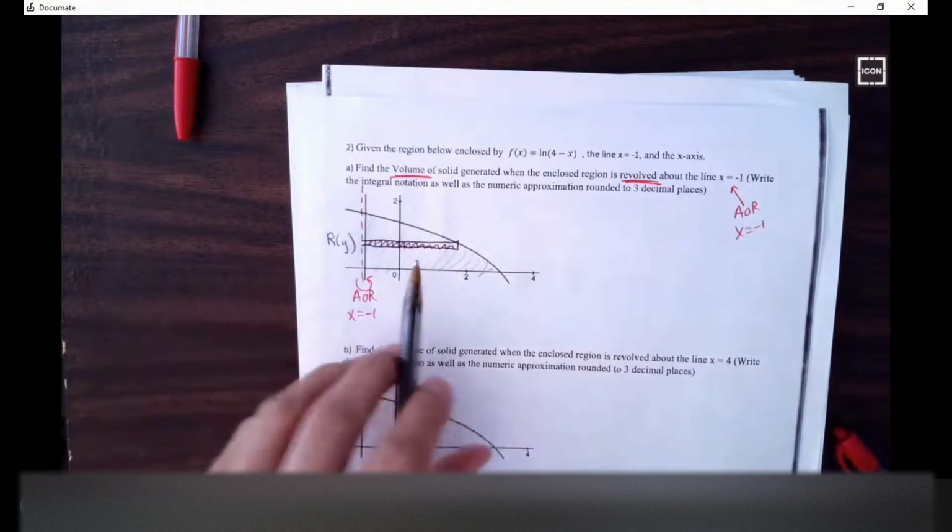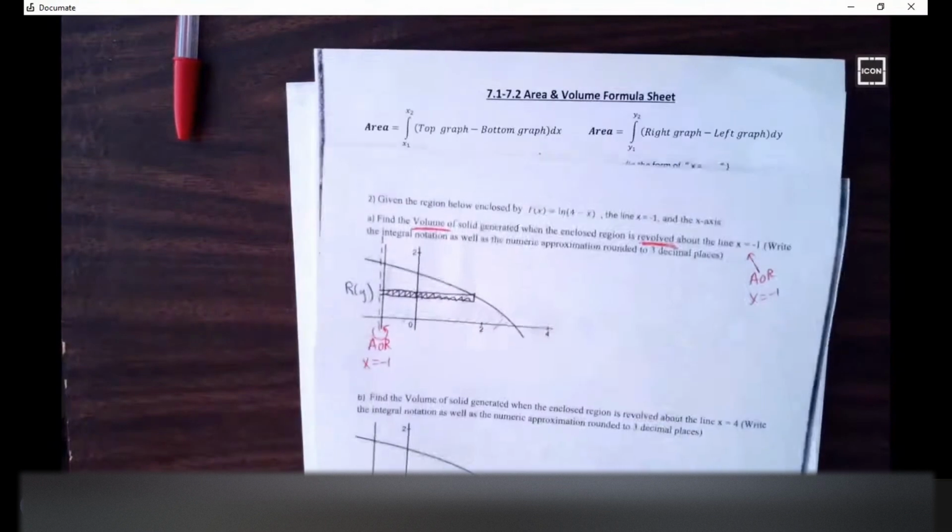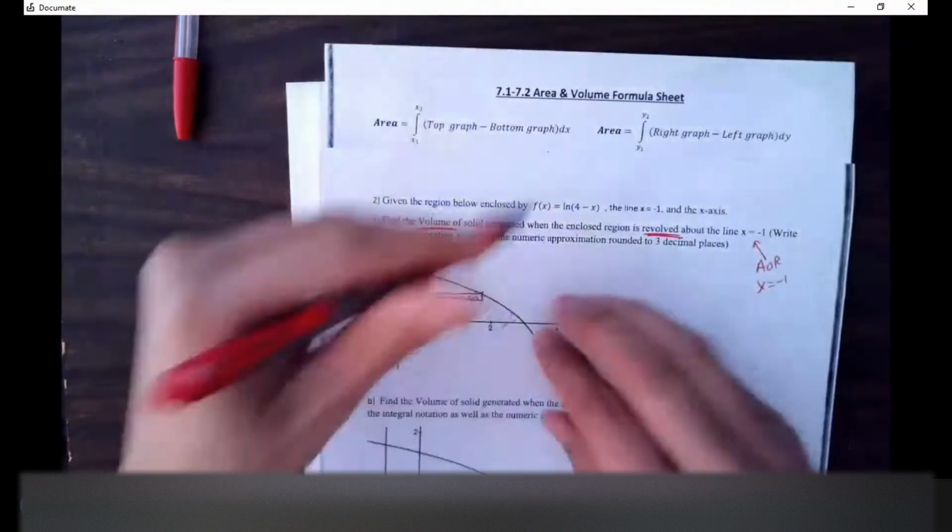So we are doing a right minus left, a horizontal method.